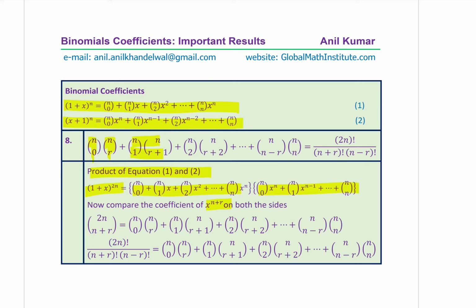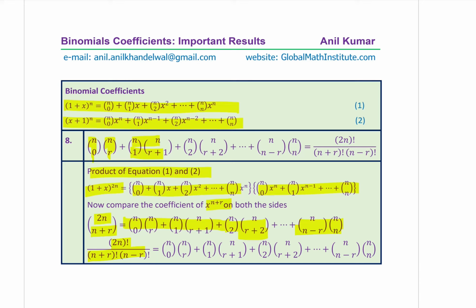And as you know, the coefficient for this expression, (1 plus x) to the power of 2n, where the term is x to the power of n plus r, is 2n choose n plus r. Now, on the right side, you get the expression which you need, correct? And so the result is 2n choose n plus r. It could also be written as 2n choose n minus r, right? Because both are the same. Perfect.